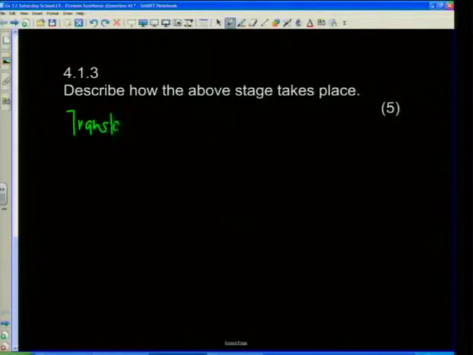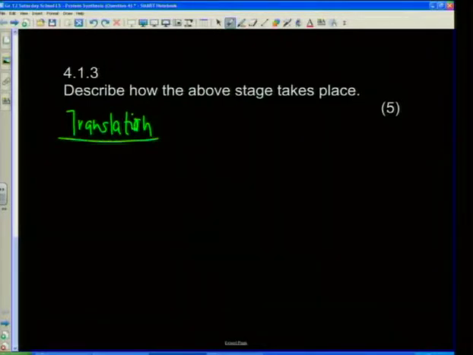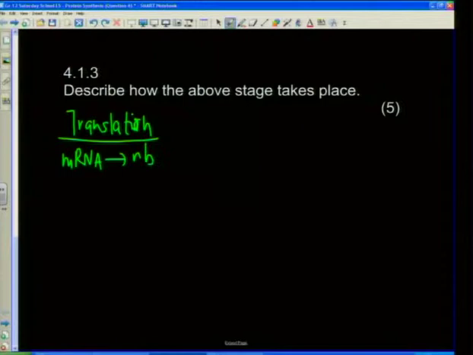Because they haven't named the phase, you write it first down there, translation. And what happens here? First of all, we start with messenger RNA, which attaches to the ribosome in such a way that the bases are exposed.